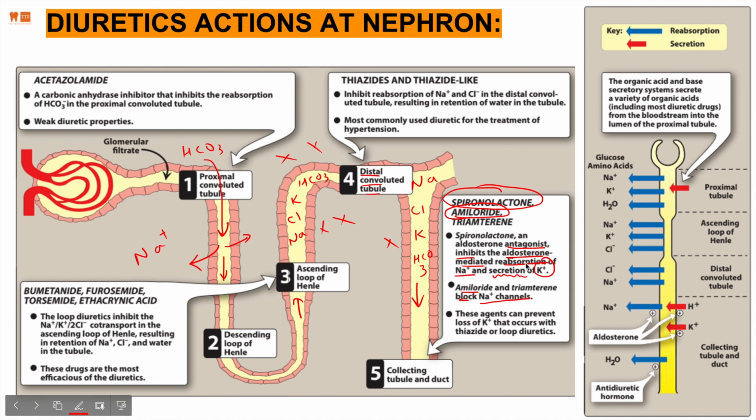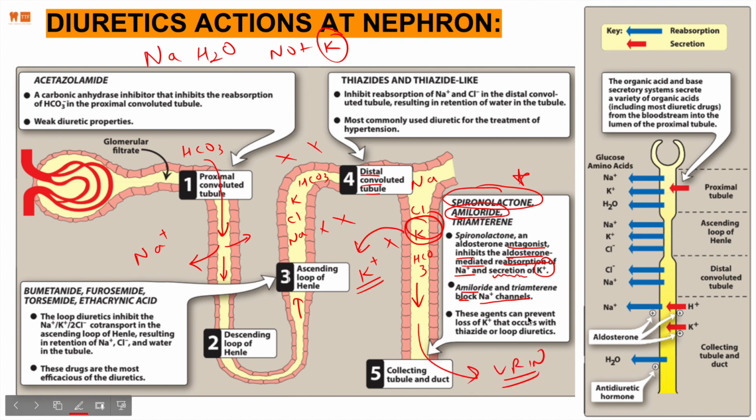What did we need to get rid of to decrease blood volume? We need to get rid of sodium and water. Perfect? Not potassium. So our body at the collecting tubule and duct reacts to spironolactone and amiloride, and it throws away sodium, chloride, water, HCO3, but it prevents the secretion of potassium into the urine and brings potassium back into the body. Out comes the urine.